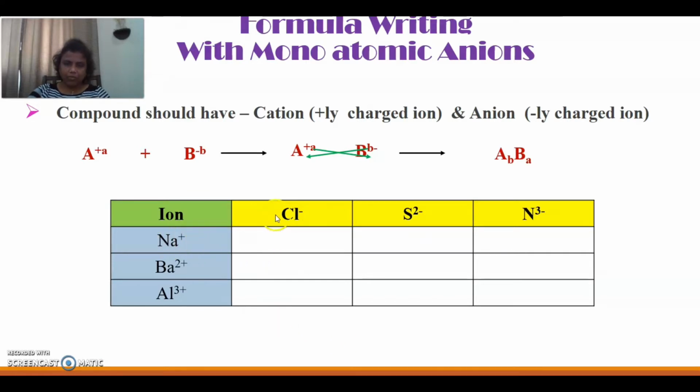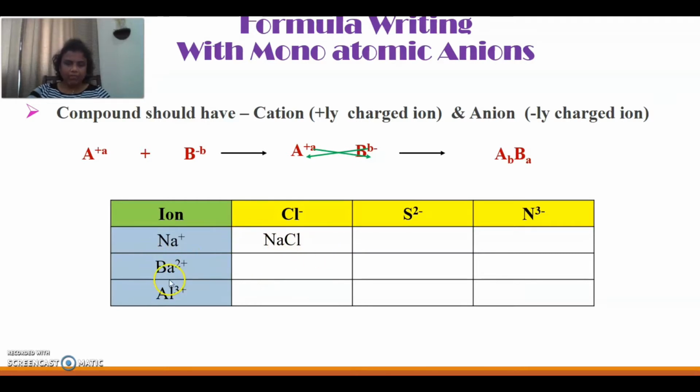Both of them have 1 and 1. Usually when you write the formula, we do not write 1. So we know that if there is no number, it is 1. So between sodium and chloride, we just write NaCl.